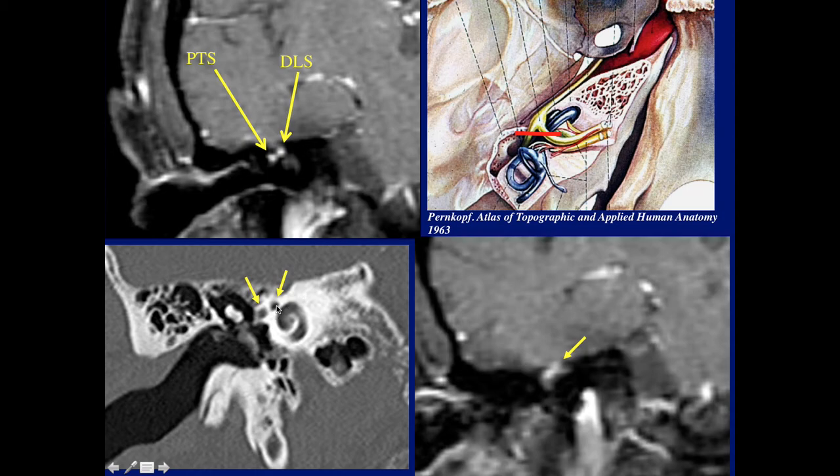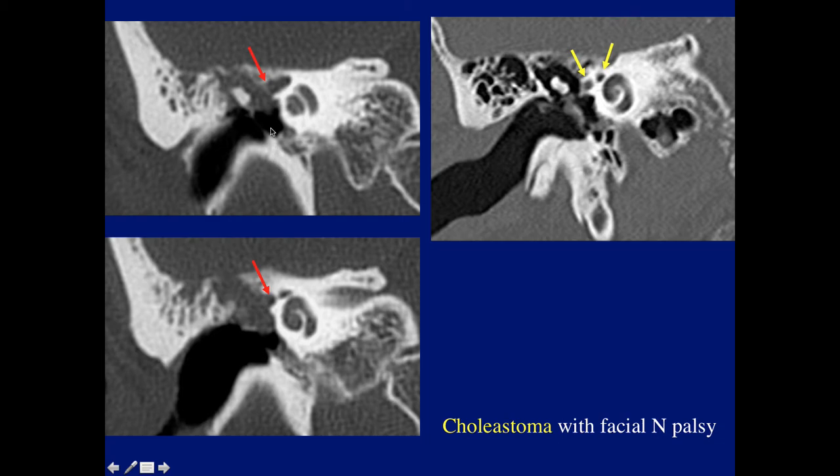So again, distal labyrinthine, proximal tympanic, seen both on MR and on CT. So it was the proximal tympanic segment which was eroded in this patient, causing the facial palsy.